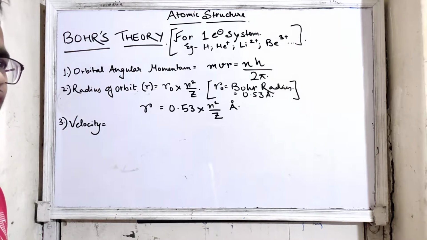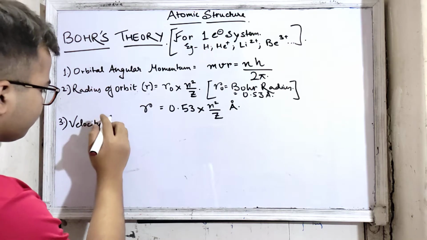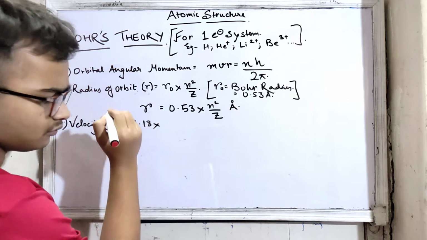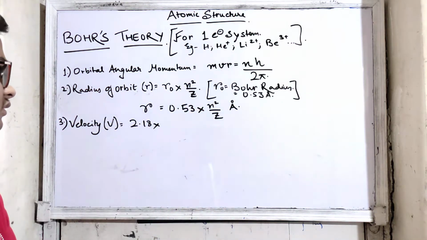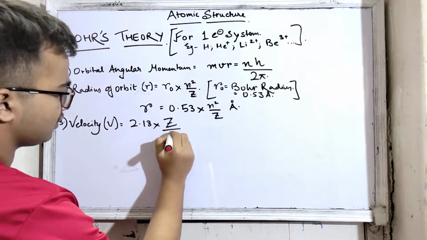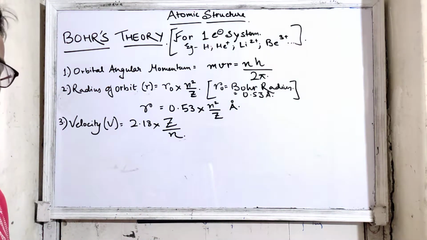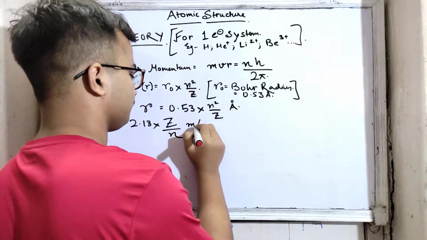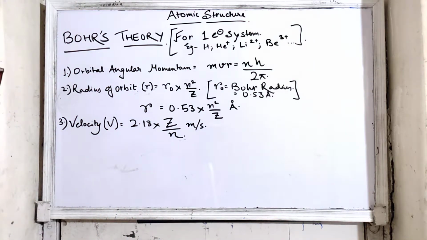After various derivations, he came to the formula of velocity, which is v equal to 2.18 into z by n. For the radius of the orbit it was n square by z, and in this case it becomes z by n. Z is the atomic number. This is in meter per second. So it's 2.18 into z by n meter per second.